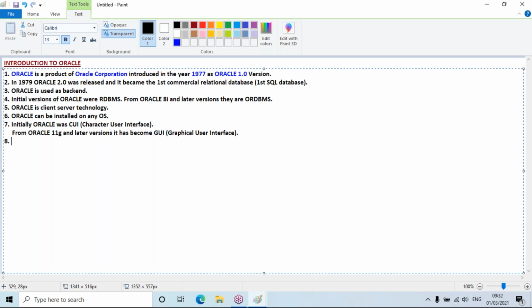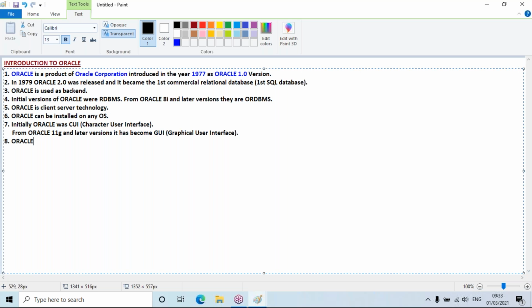Because of that tool, things have become user friendly. I don't need that third party tool now, which we used to install before 11G. From 11G, whatever version you install, you don't need to install the third party tool. Okay, that is one point.